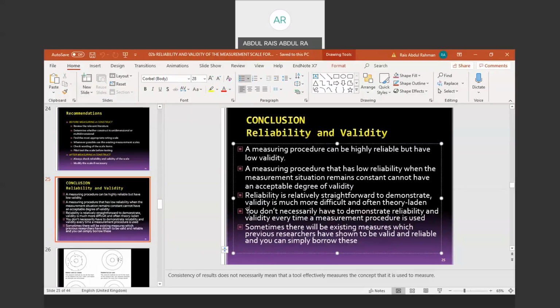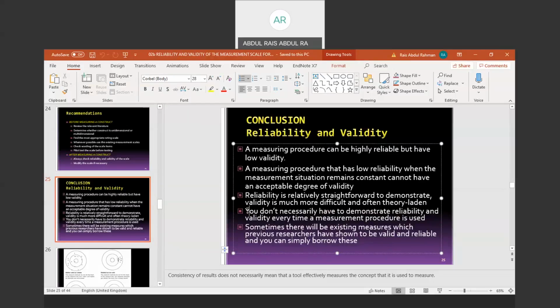Kalau you guna item tu dan you buat research tu dalam cafe, you tak perlu validate. Tapi since you adapt, dia akan jadi macam ni: I am satisfied with the food served at the night market in Kuala Terengganu. Disebabkan you ubah dari cafe tu ke makanan pasar malam, you will have to do a validity and reliability test.